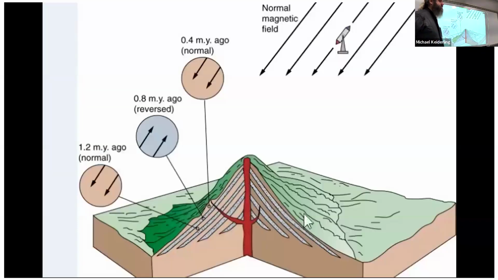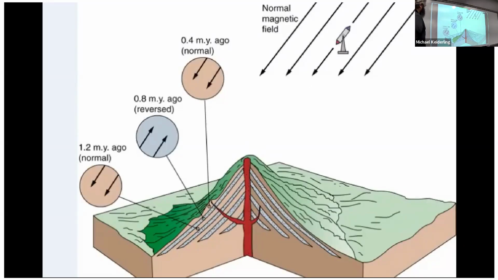So if we go look at a whole series of lava flows, what we'll find if we sample through the lava layers into older and older layers, we'll find some layers that are oriented with a magnetic field, say like today, and other layers, older layers that are reversed, and then still older layers that are like today. So through geologic time, the Earth's magnetic field flips back and forth, and we call these magnetic polarity reversals.